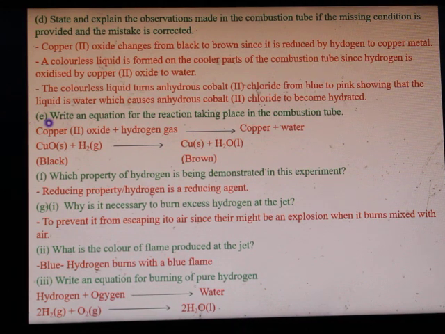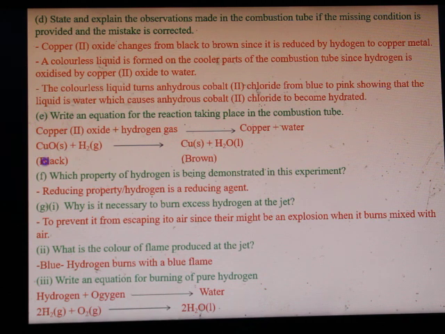Question E, you have been asked to write an equation for the reaction taking place in the combustion tube. So in the combustion tube, copper 2 oxide is reacting with hydrogen gas to form copper metal and water. Now, a Form 1 can be asked to write a word equation, but a Form 2, 3, and 4 should be able to write a chemical equation. So the chemical equation involves copper 2 oxide, which is CuO.